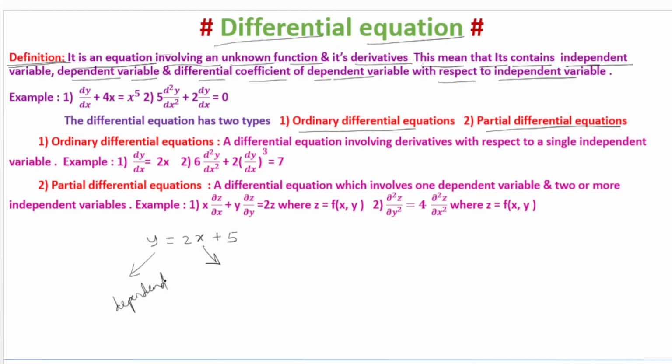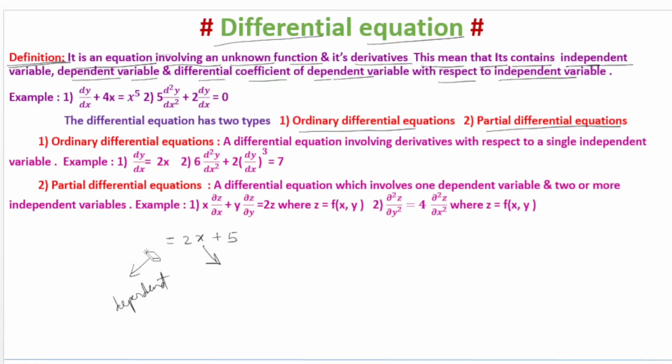Y is called a dependent variable, x is an independent variable. It means that when the value of x changes, the corresponding value of y will change. So x is an independent variable, y is a dependent variable.